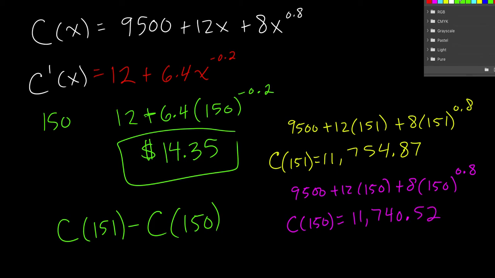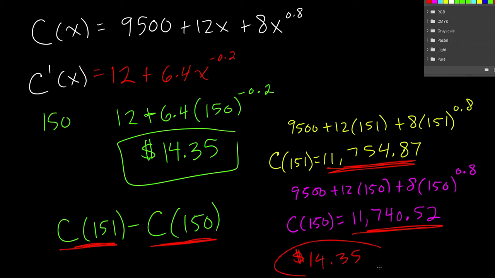Once again, just use a calculator. Okay, now if I take this thing minus this thing, I end up with 14.35. Okay, so those are two ways to look at it.